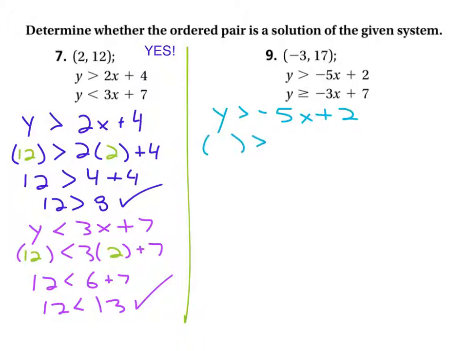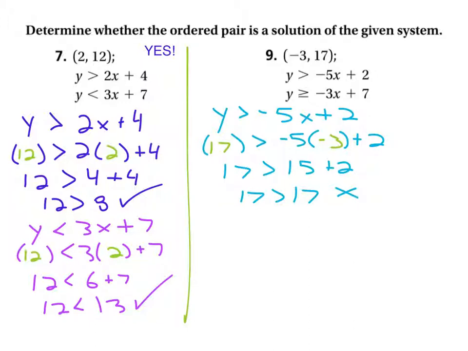We'll put parentheses wherever we get a variable and sub in the values negative 3 for x and 17 for y. And so we get 17 is greater than 15 plus 2, or 17 is greater than 17. No, false, that doesn't work.